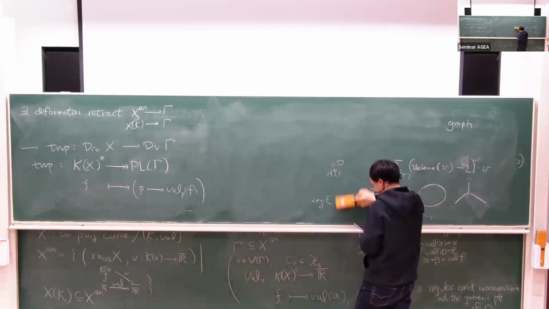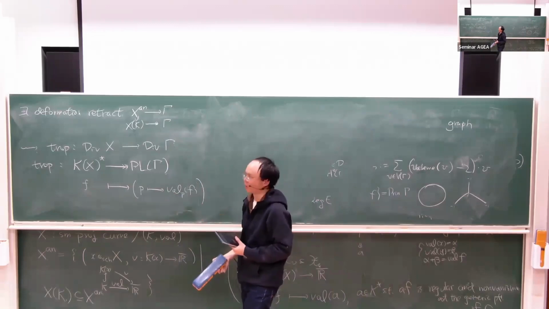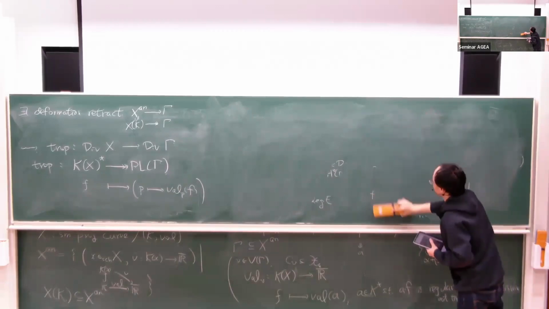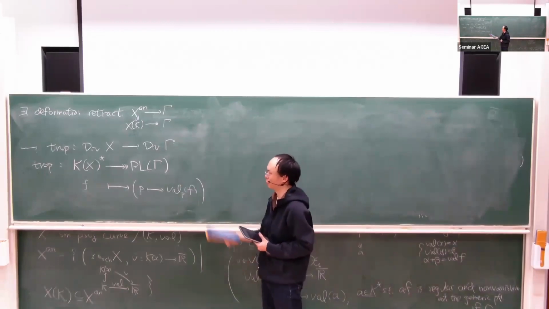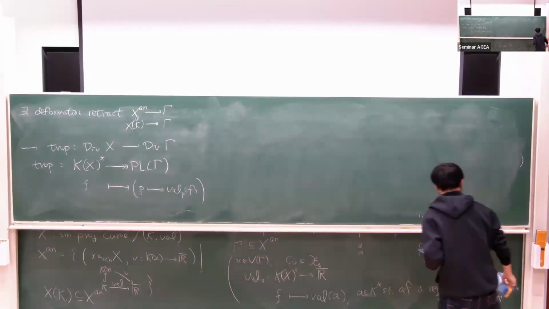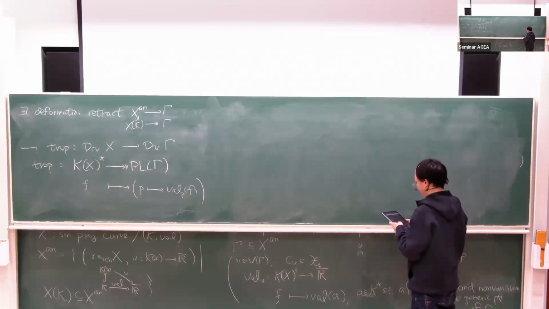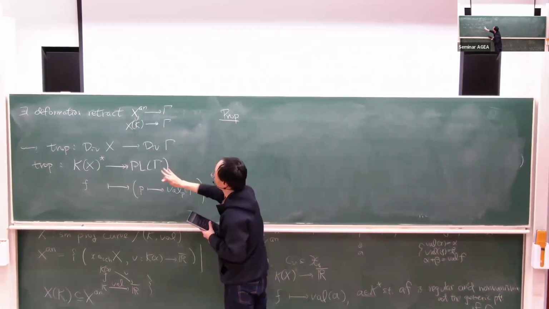So I want to talk about what we can do through such a tropicalization map. We can use this tropicalization map to give a tropical proof of some theorem concerning non-complete tropical linear series. So let me mention some easy properties of this tropicalization map.